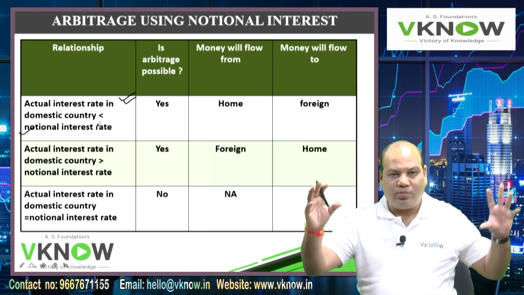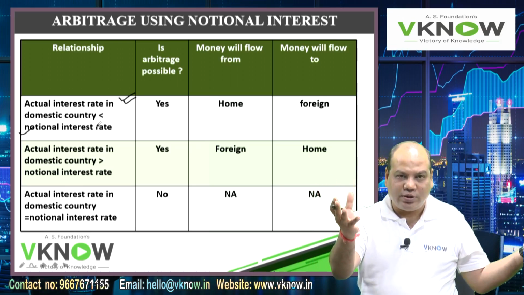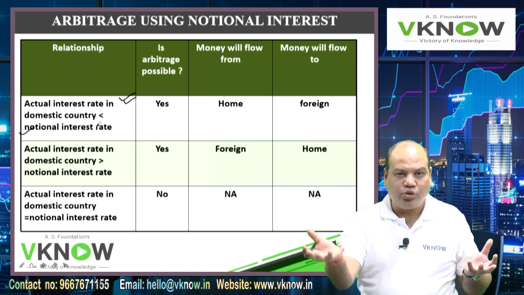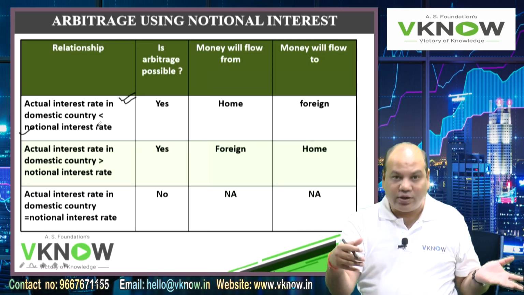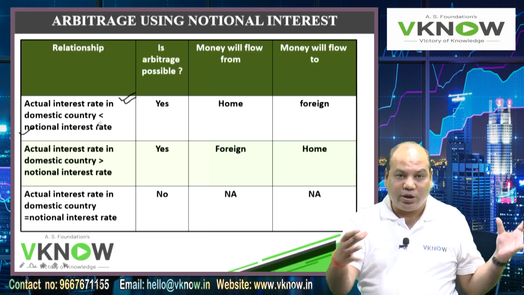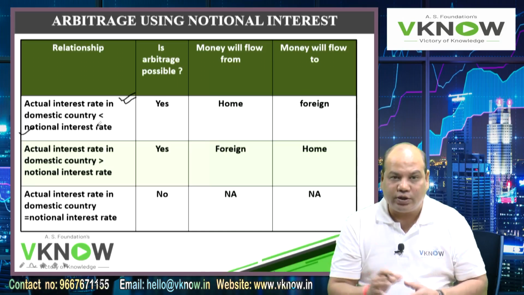Mentally think 2 numbers: actual is 8%, notional is 10%. So what should happen now? If a country is offering less interest rate, will the money come into that country or will money flow out of that country?